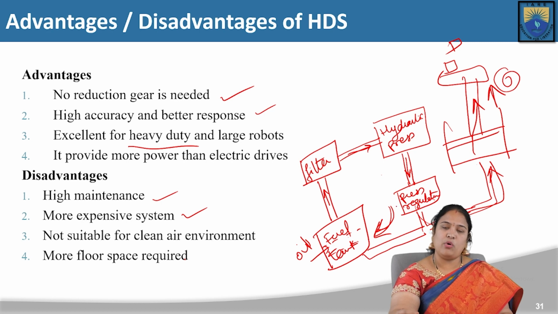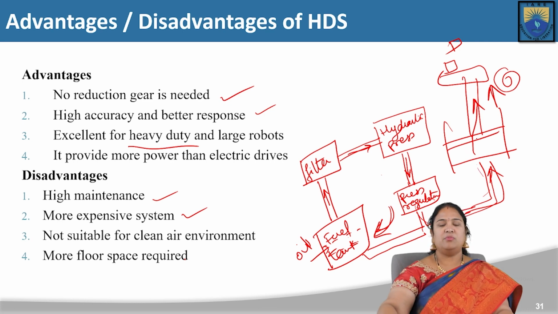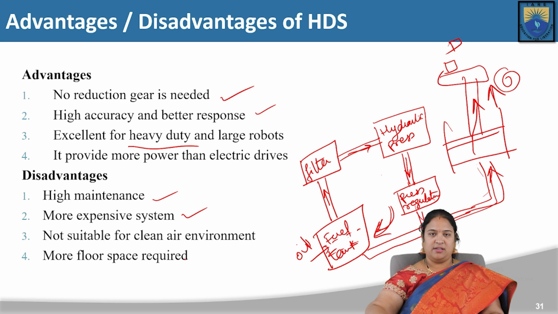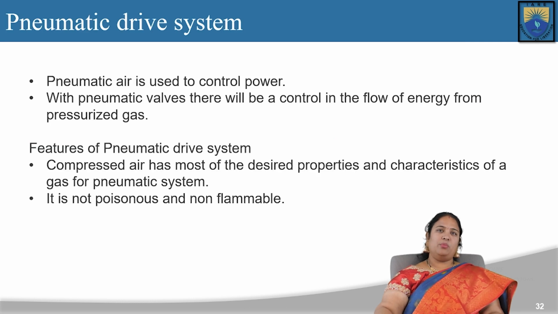The excess oil is sent back to the fuel tank, and the high-pressure oil is sent into the piston, which moves in the forward direction, moving the objects accordingly. So this is about the working of the hydraulic driven system, how it works and what equipment is required. Next, coming to the pneumatic drive.